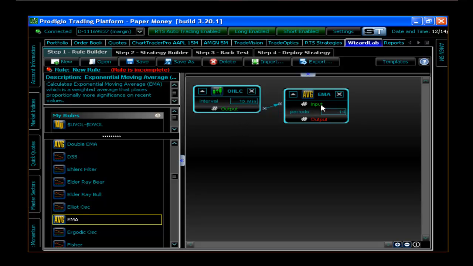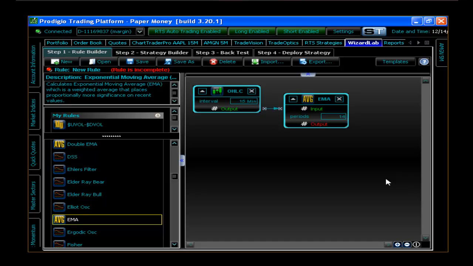But take the close price and send it as the input into that EMA study. So what you're actually doing here is you're writing a script without knowing the script. And it's very easy. It becomes literally a series of connect the dots where you just wire the system. Or if you want to think about it in terms of a schematic, you're literally wiring the system.